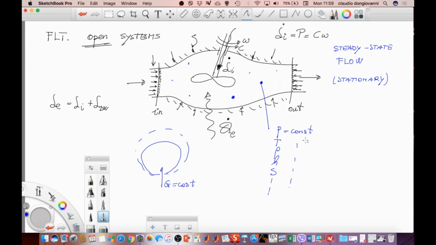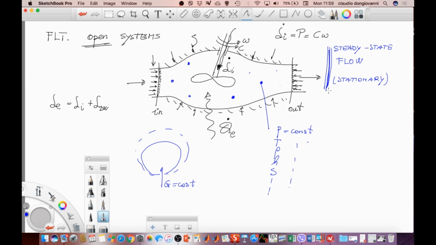So the meaning of steady state flow is that everywhere the properties, the state of your system in that point, do not change with time. Under this particular restriction, the relationship for the first law of thermodynamics for open systems will be very simple and similar to the previous one.